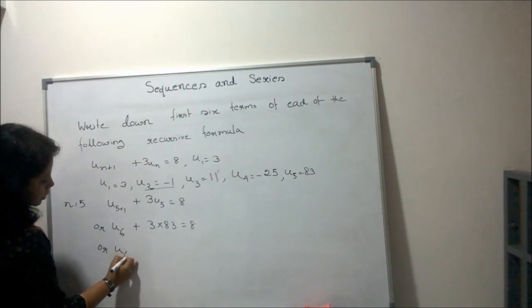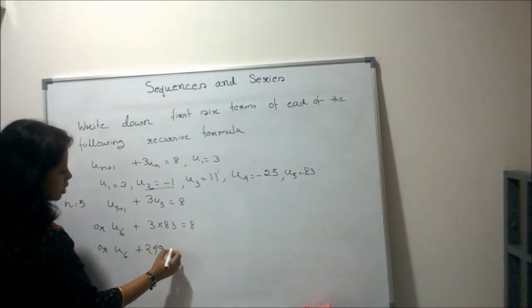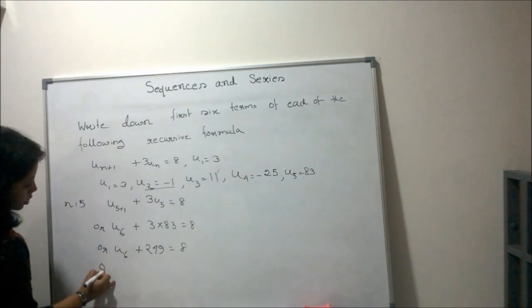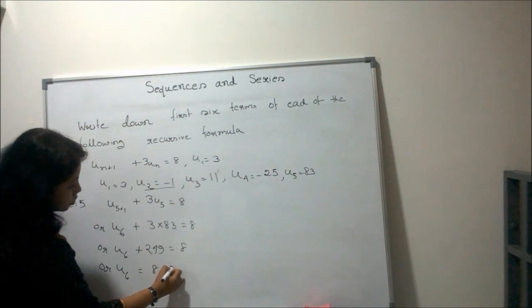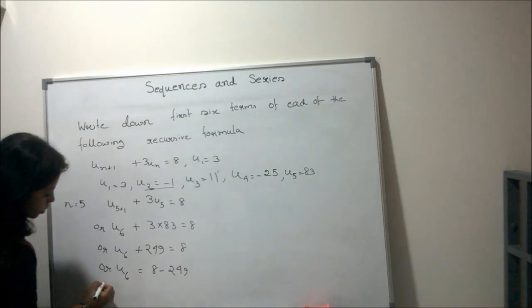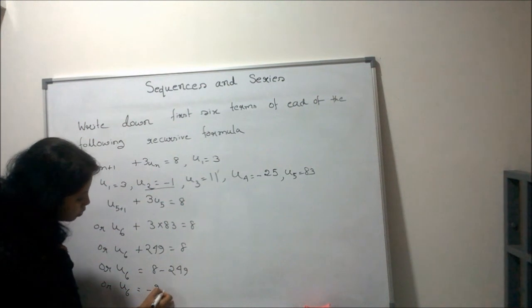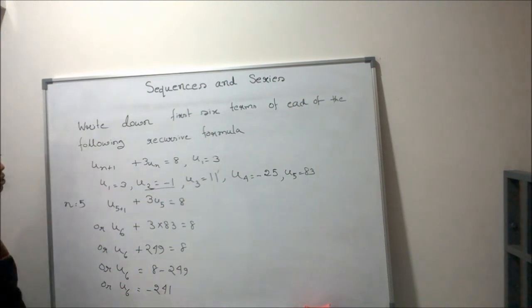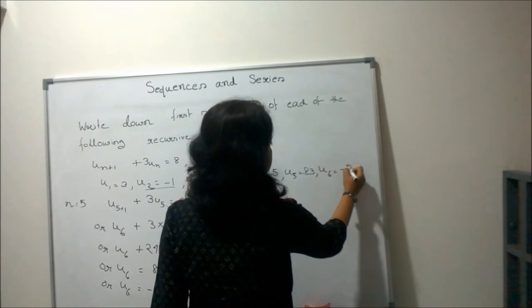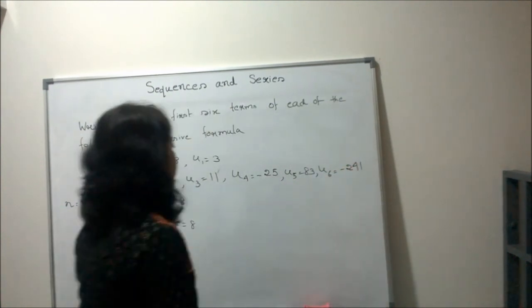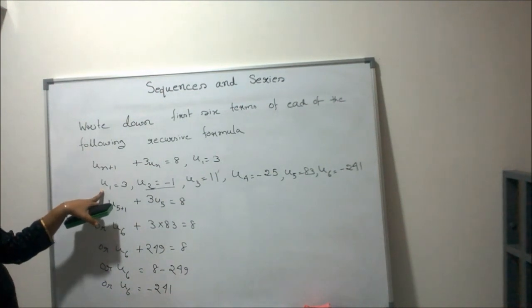So u6 is 8 minus 249. So u6 is minus 241. So those are the 6 terms of this sequence.